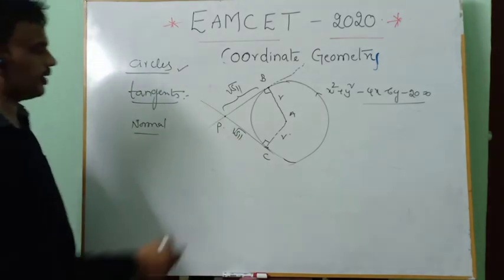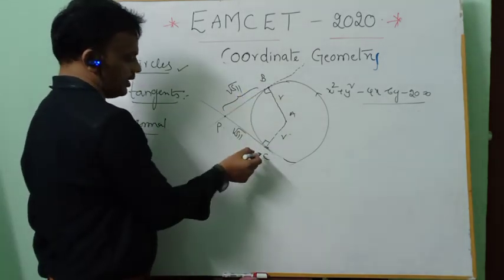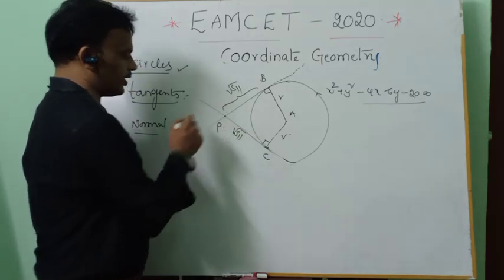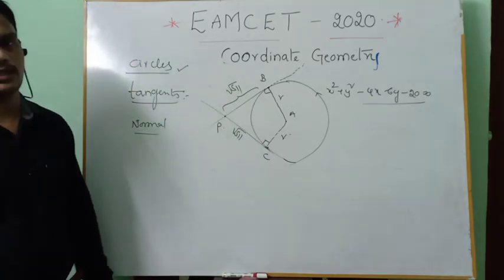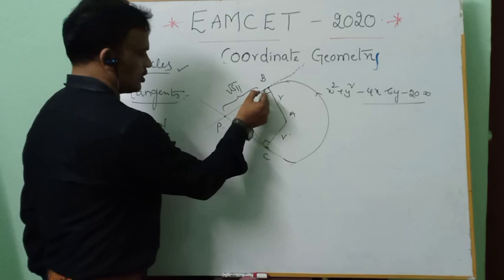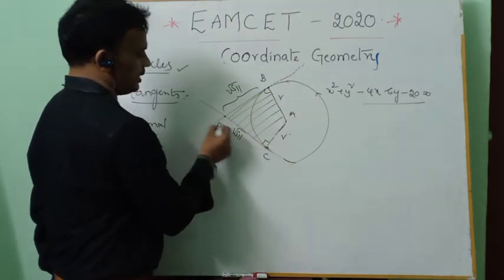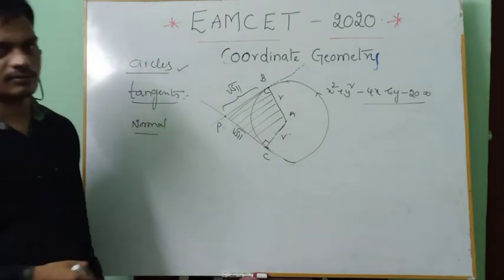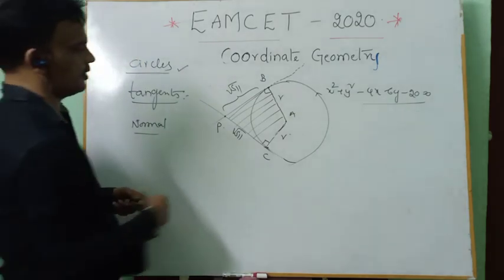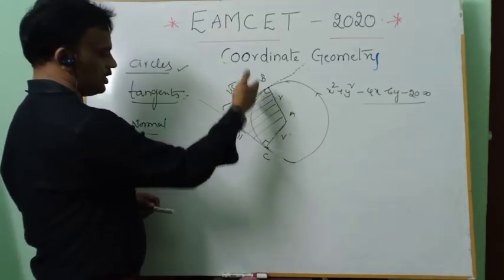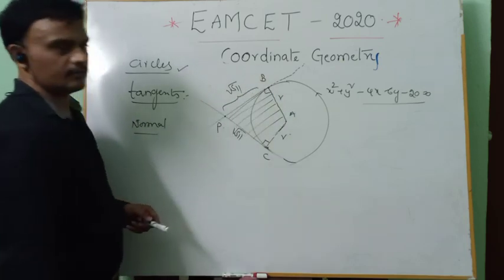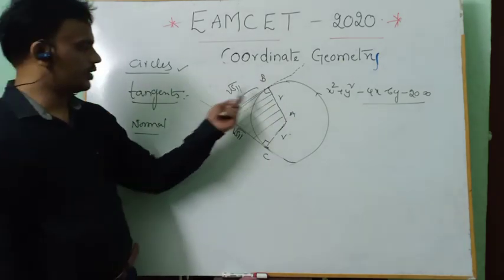By finding the tangents at the points B and C, you will get the length of the tangent. Finally, they are asking about the area of the quadrilateral PCAB. Simply, what can you say? R into root S11, since these two are perpendicular.